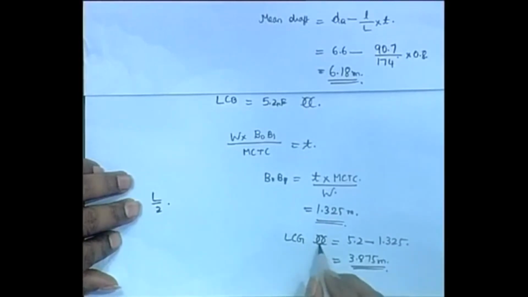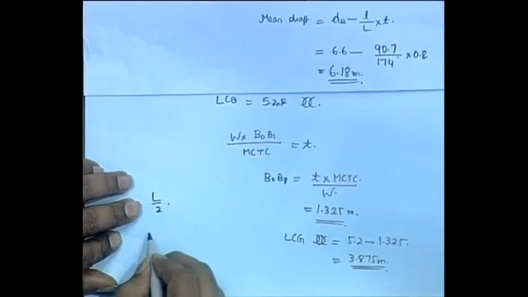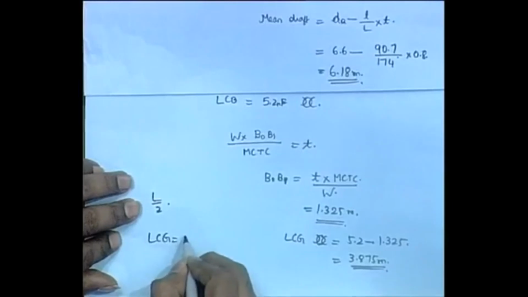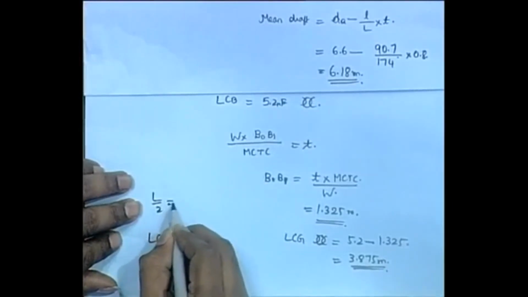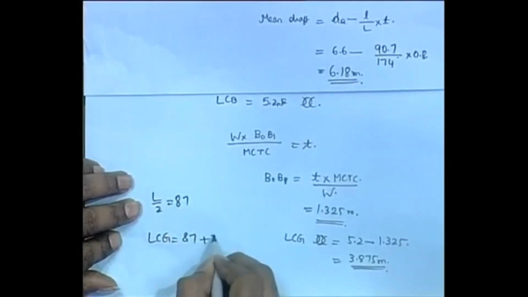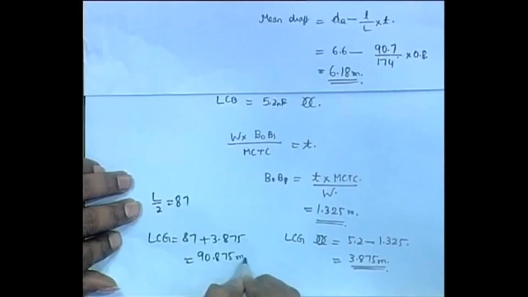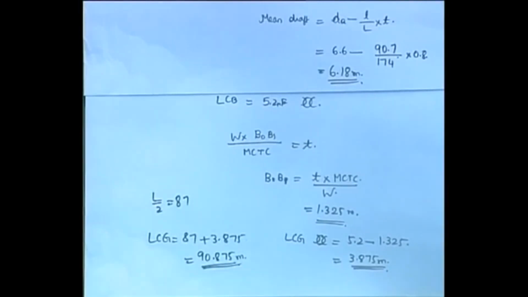This is the distance from midship. You see this figure. So for LCG, you add 87 to this 3.875, and you get 90.875 meters. So this gives you your LCG.